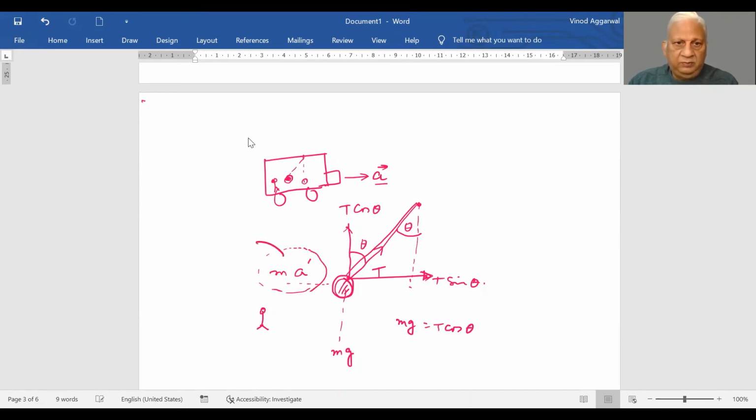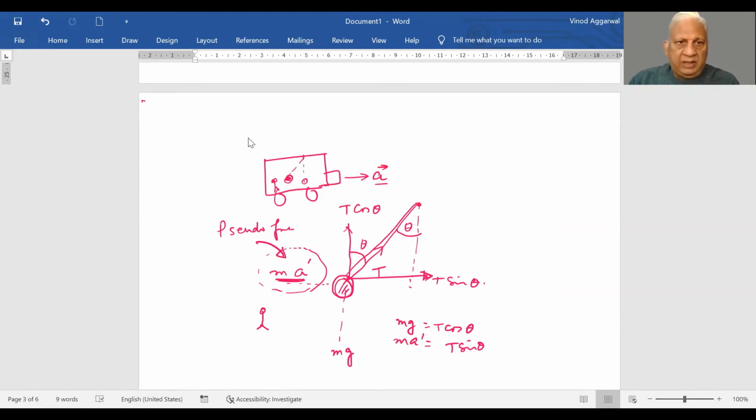We call it a pseudo force. It becomes equal to T sin theta. Now, who applied this force? Where did this force come from?